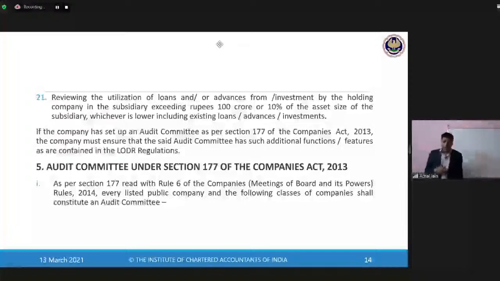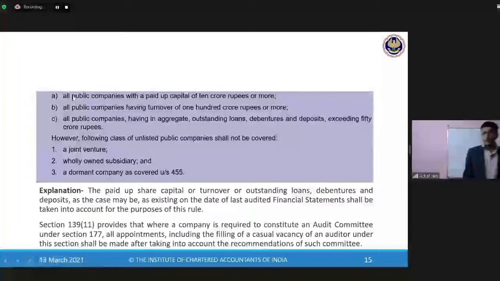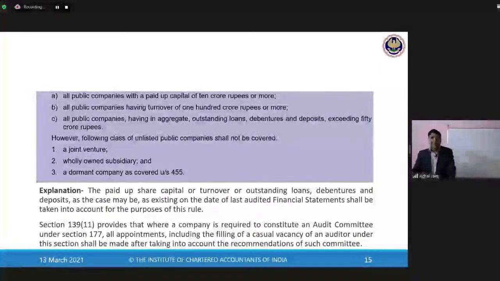So now moving on to the requirements related to the audit committee as per the Companies Act. So what do we have here? Every listed company and the following companies, which are there in front of you on the screen, will be required to have an audit committee.